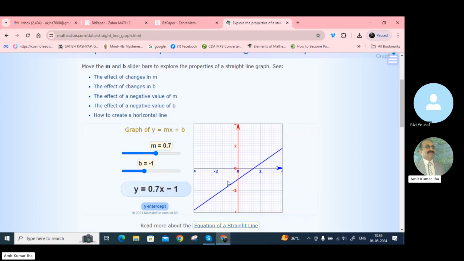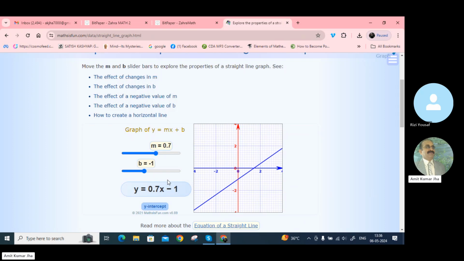It is midway between 0 and minus 2. So b is now minus 2. At whatever point it cuts the y-axis, whether in the positive or negative direction, below the x-axis is the negative direction, above is the positive direction. So it is cutting in the negative direction. That is why b is negative.